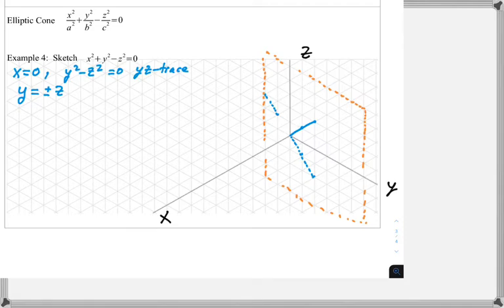And then on the other side here, again, if z is 1, then y would be positive and negative 1 because of the plus and minus.